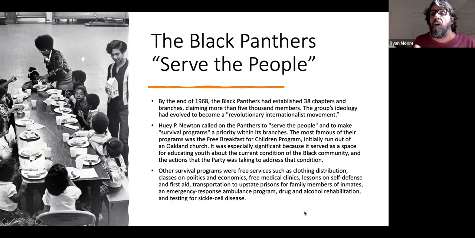So the Panthers were doing all these things that the government wasn't doing to address the problems in the community, a whole wide range of social programs. And this was the way that the Panthers saw that they could become a revolutionary organization: not just with guns, but with this emphasis on serving the people and helping people in their community survive.